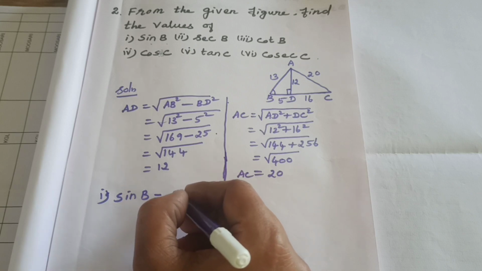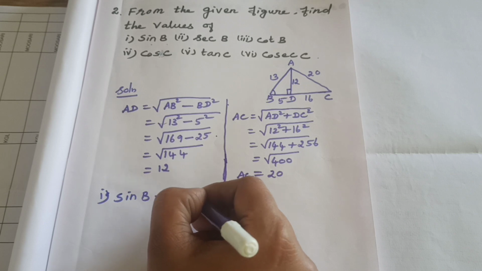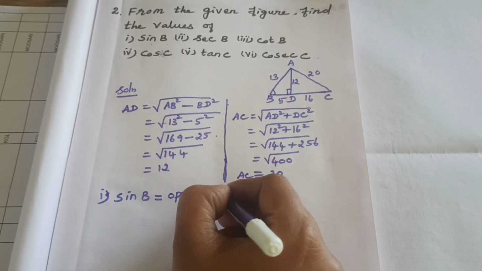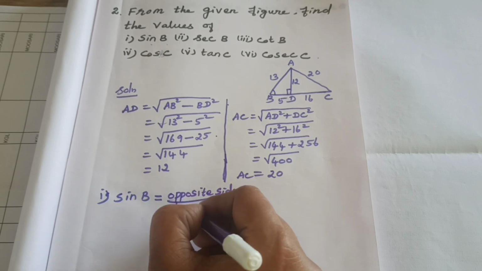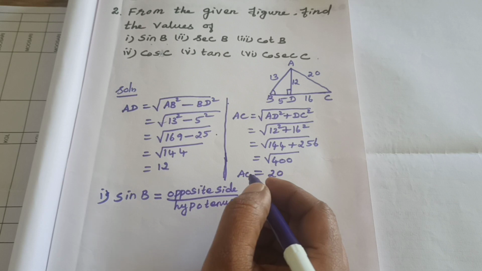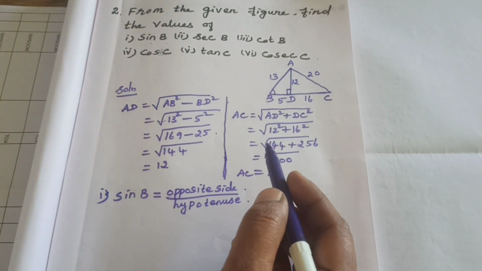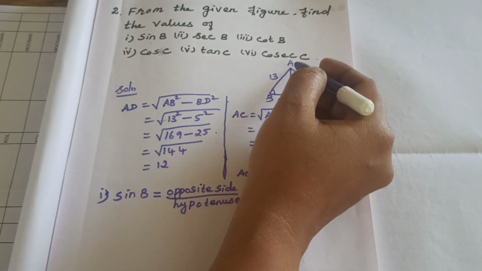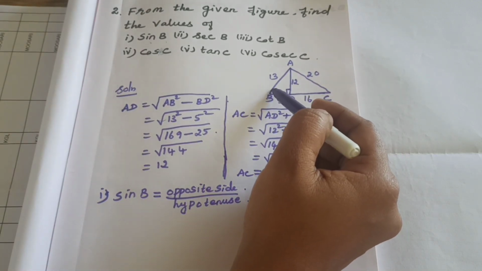Sine B is equal to opposite side divided by hypotenuse, this one AD divided by AB.